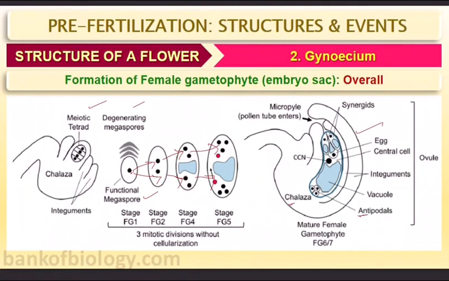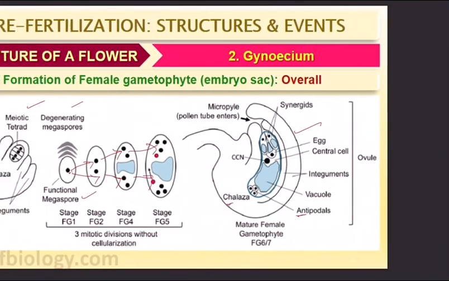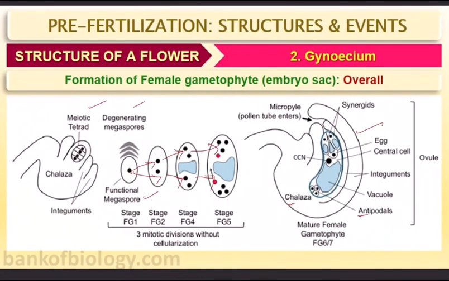So you have the chalazal end with antipodals, CA, and you have synergids with the egg apparatus. So this is how the female gametophyte, the matured embryo sac, will be formed. So keep on drawing the diagrams in your notebook, and then you can understand how this matured embryo sac will be formed.